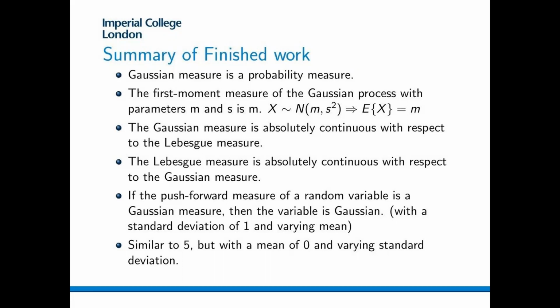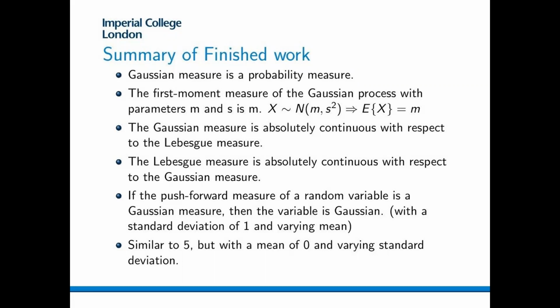And the third and the fourth results are quite similar. One says that the Gaussian measure is absolutely continuous with respect to the Lebesgue measure, and the other says that the Lebesgue measure is absolutely continuous with respect to the Gaussian measure. The fifth one says that if the push forward measure of a random variable is a Gaussian measure, then the variable is Gaussian.